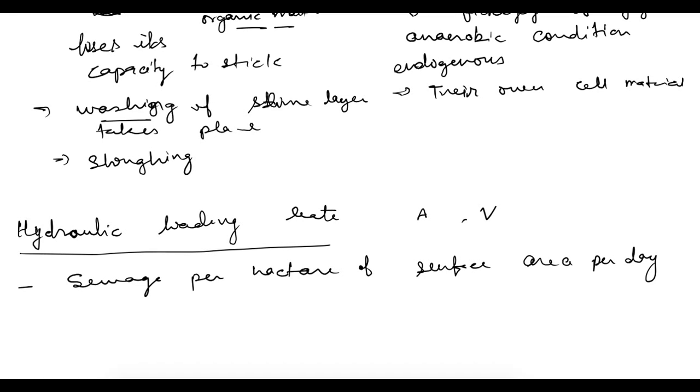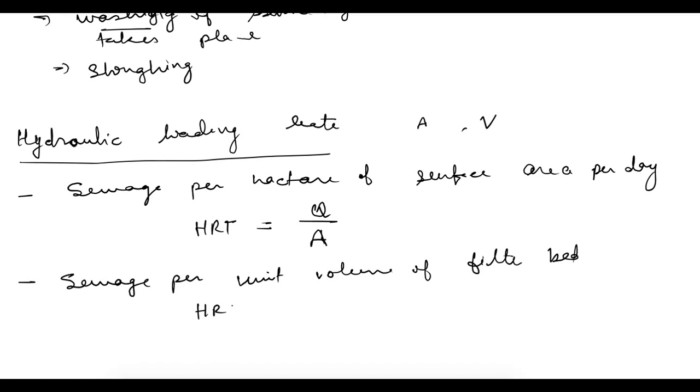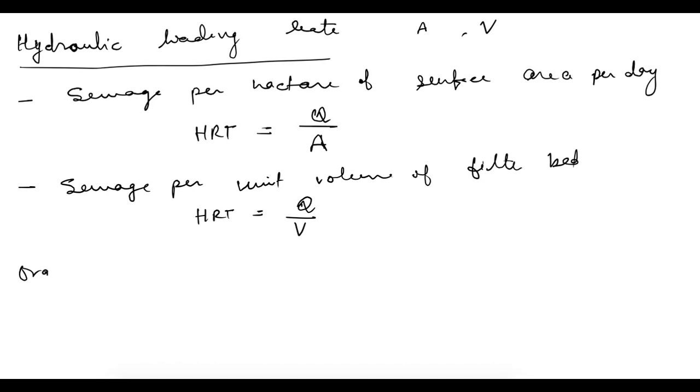In simple words, the hydraulic loading rate can be written as sewage flow, that is Q, divided by area. And if we want to write it in terms of volume, then it is sewage per unit volume of filter bed, so we can write it as Q by V. These are the two definitions for hydraulic loading rate, and then we have organic loading rate.